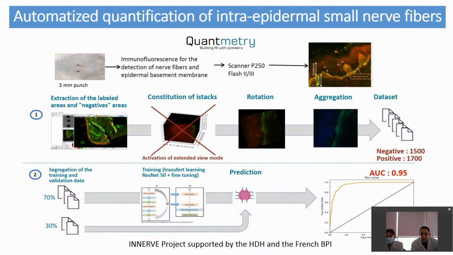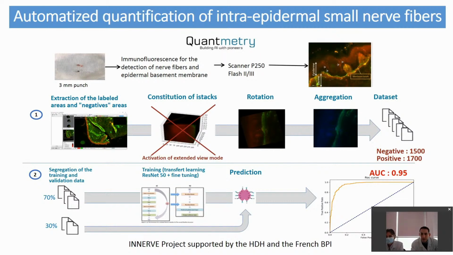We have developed a proof of concept with an area under the curve of 0.95. With this, in June 2020, Quantmetry won a Health Data Hub and French BPI call for tenders entitled AI for Improved Health System Experience.